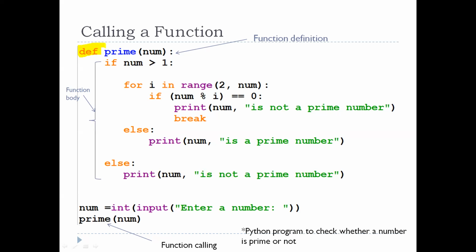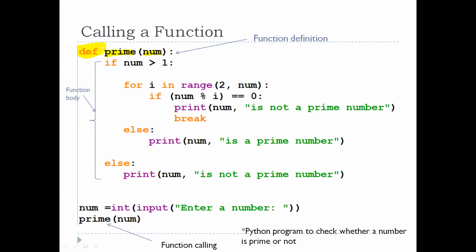The def keyword tells the Python interpreter that whatever is written next is a definition. We are defining the function named prime, which has some definition here. This is the function name, prime, and this is the parameter that we are passing to this function, which is written in the parentheses.